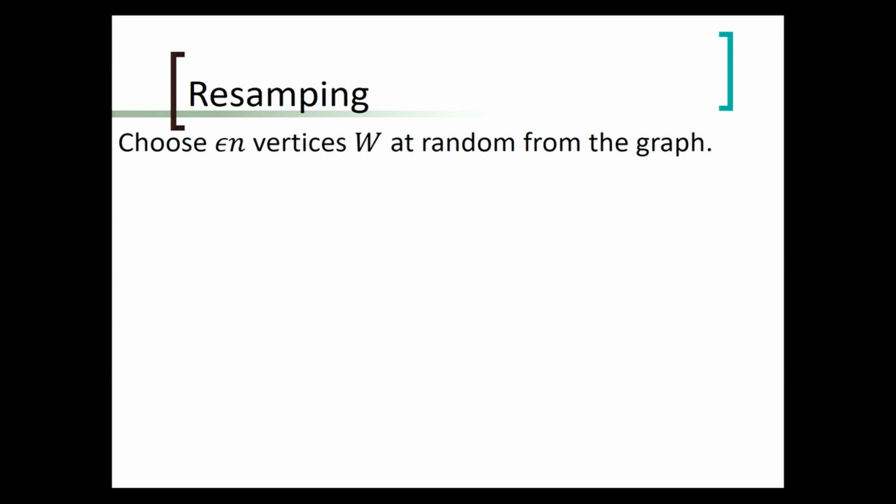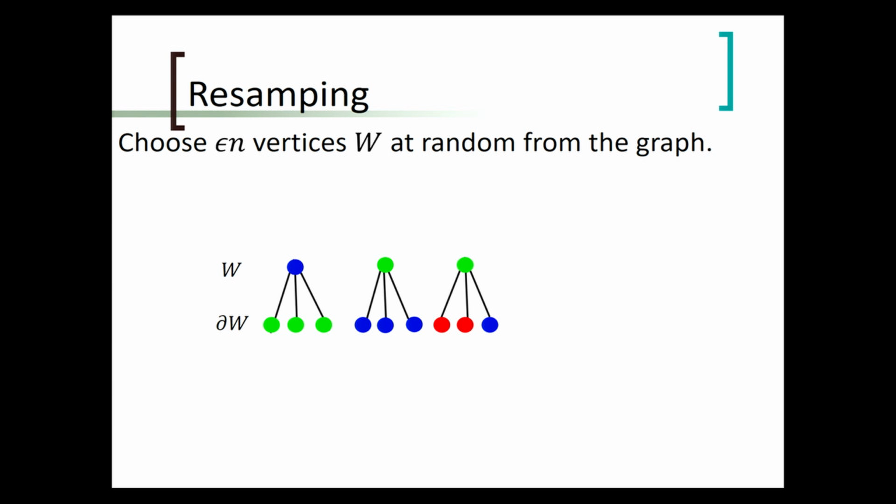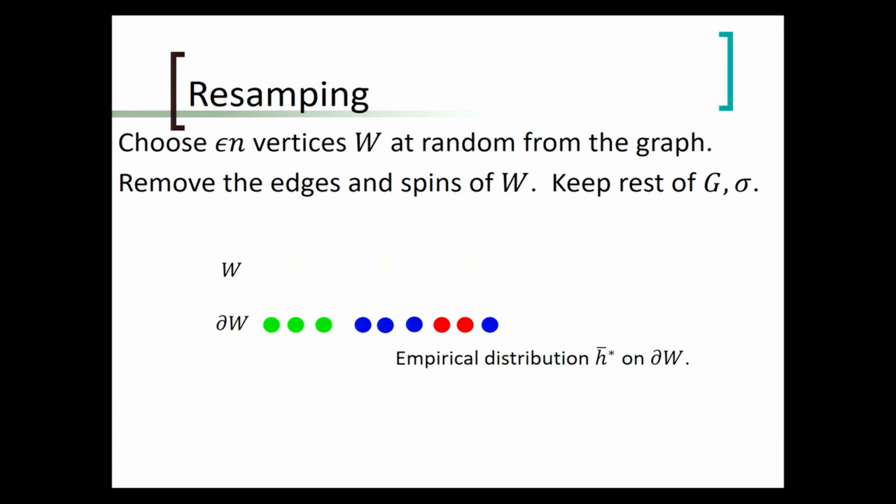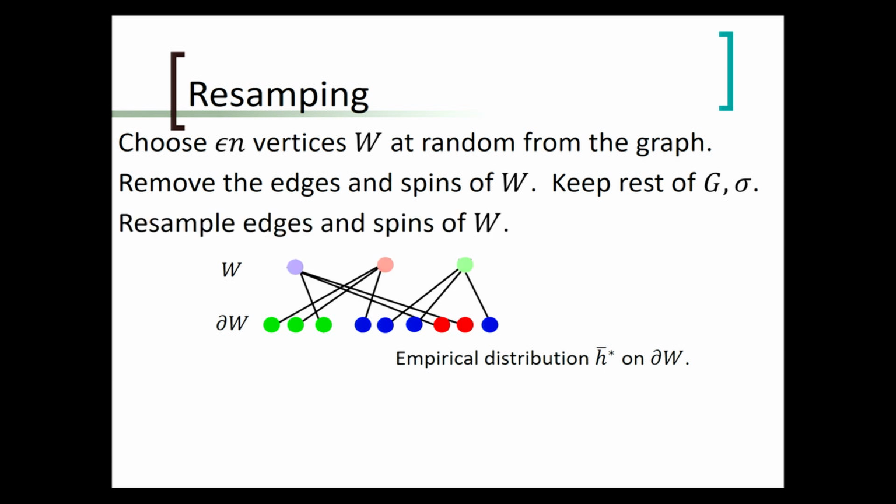Well, the resampling argument is essentially saying that you pick a small fraction of the vertices W, delete the edges from them and forget the spins, and then resample according to the weighted distribution, but with new connections of edges and new colors. And you want to see how the distribution changes as a result of doing that. If you were originally at the global maximizer, then this operation should be essentially exchangeable, so it shouldn't change the distribution at all.